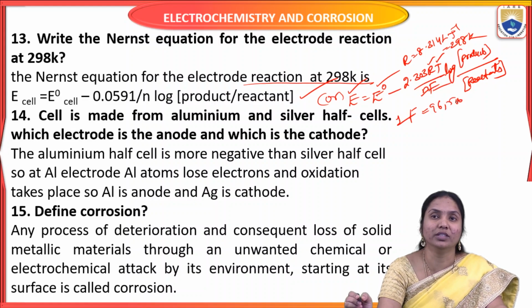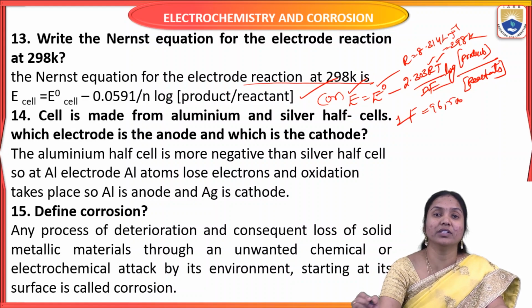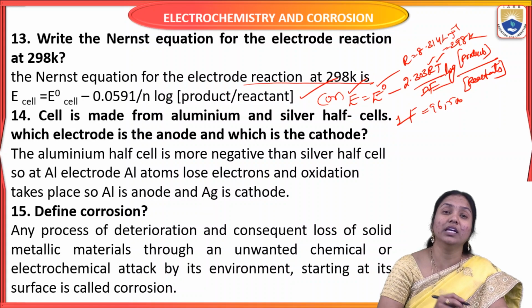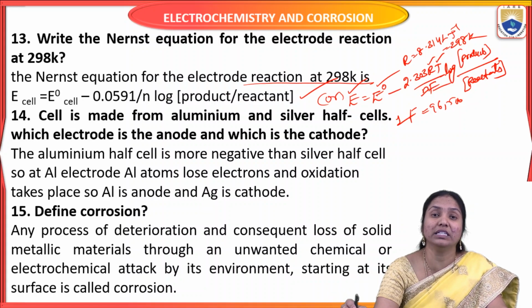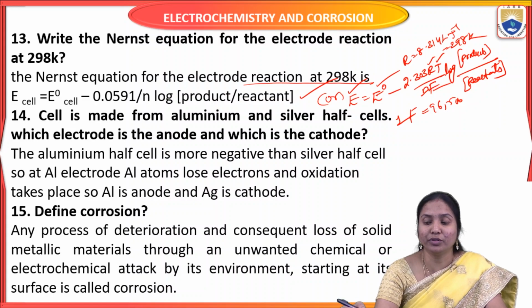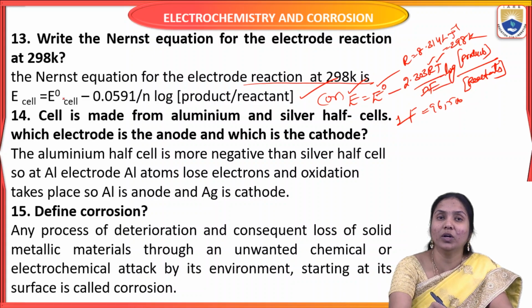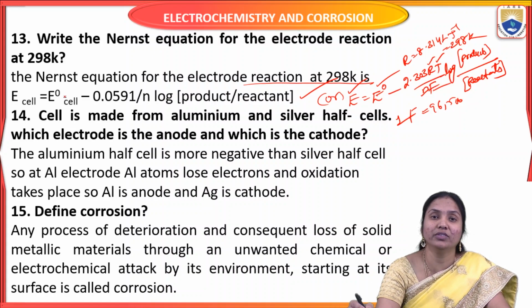96,500 coulombs. So the Nernst equation for the electrode reaction is E = E naught minus 2.303 RT by nF log concentration of products by reactants. When we substitute the values of R, T, and F, we finally get E = E naught minus 0.0591 by n log products by reactants.